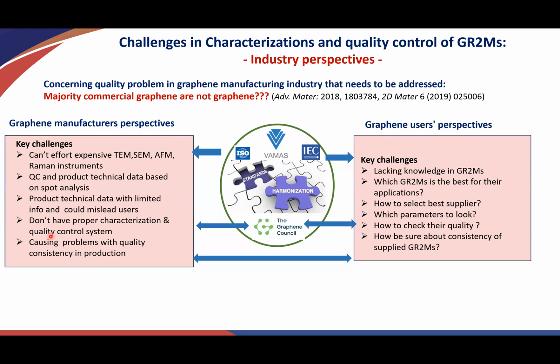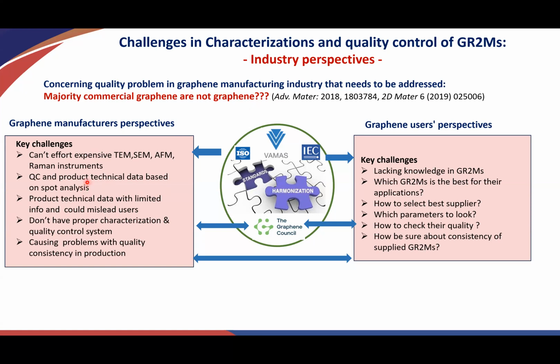Key challenges from the graphene producer perspective are that recommended testing methods such as TEM, AFM, SEM, and Raman instruments are too expensive and they cannot afford them.